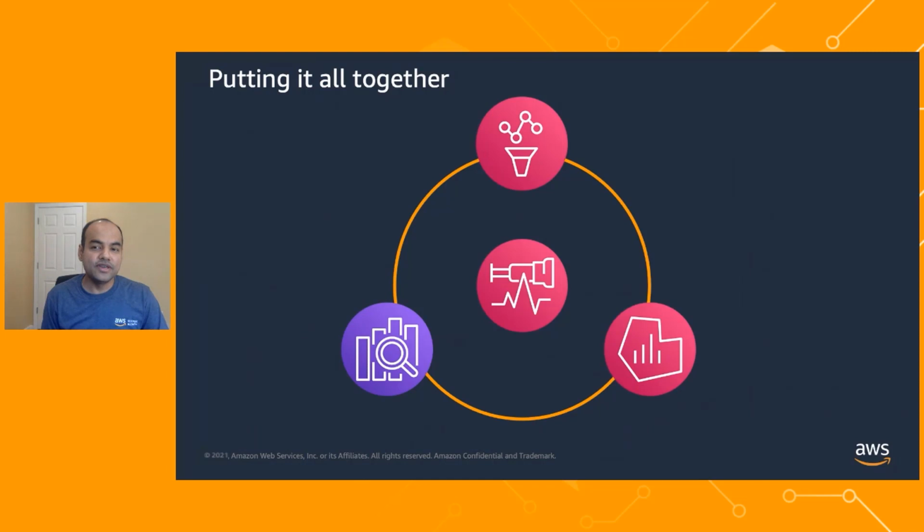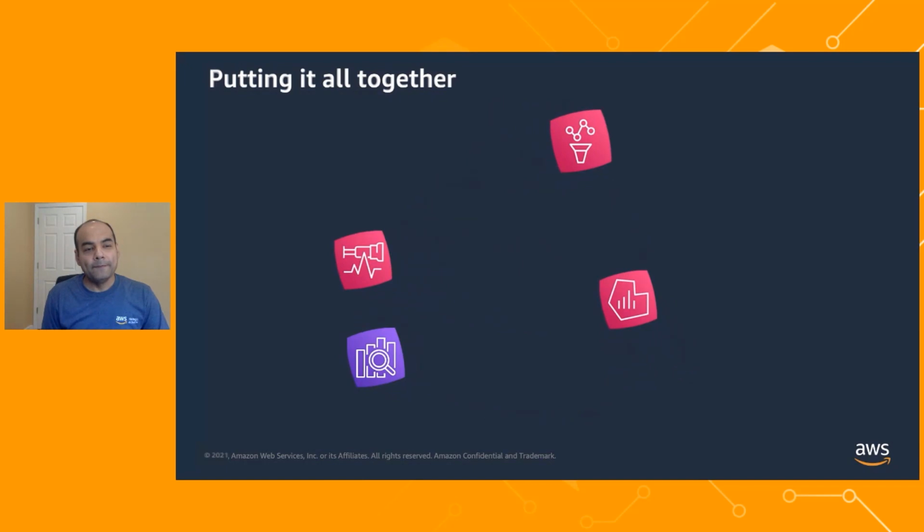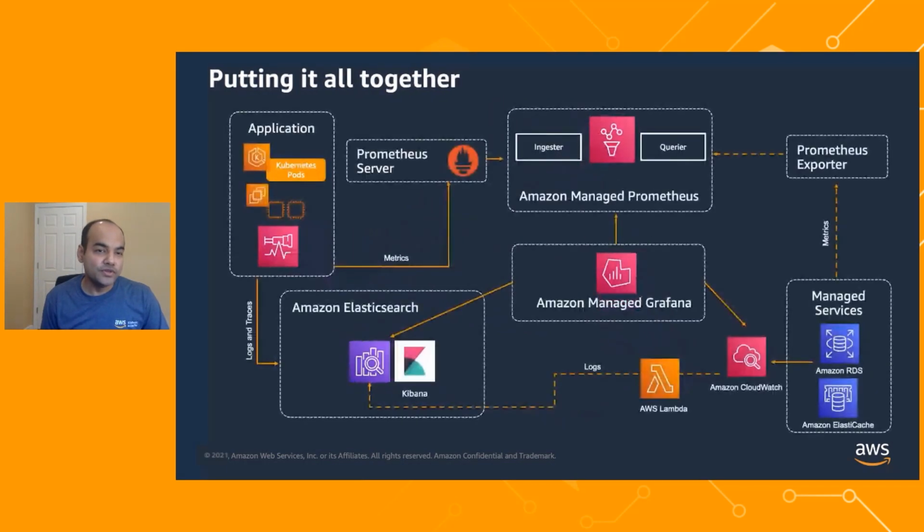Now let's put all of this together and see how we can have a holistic architecture with Prometheus, Grafana, OpenTelemetry collectors, and Amazon Elasticsearch for observability solutions. In this slide, I'm showing you how you can put all of these 4 services together and achieve a single pane of glass for all of your observability needs like logging, tracing, and metrics.